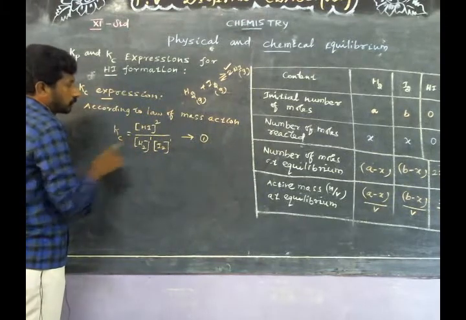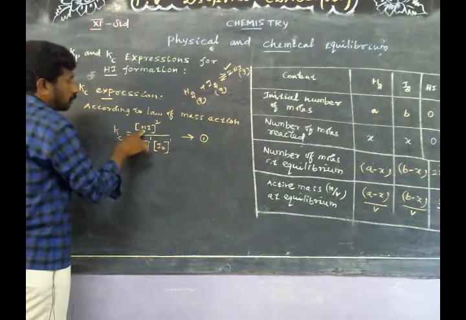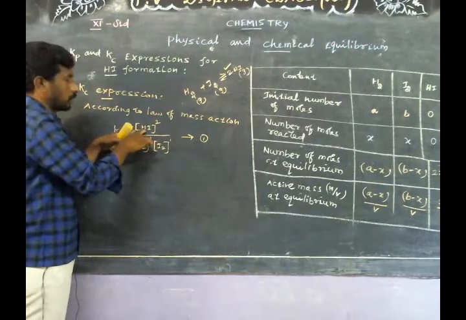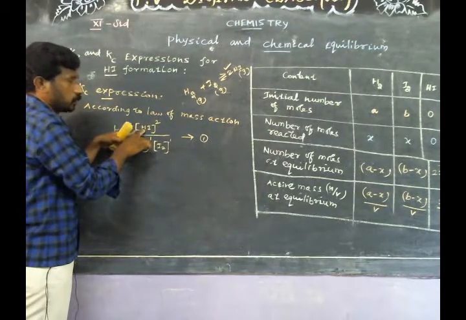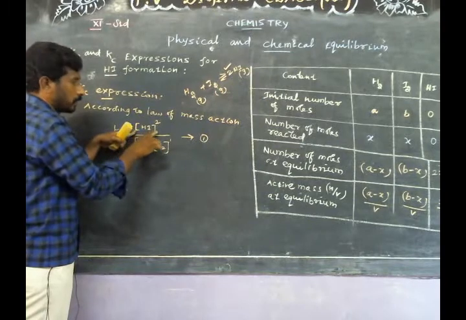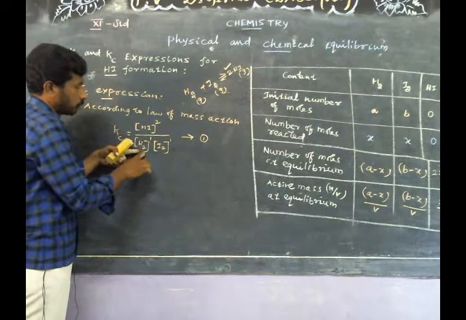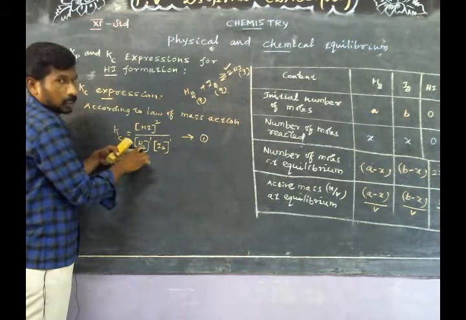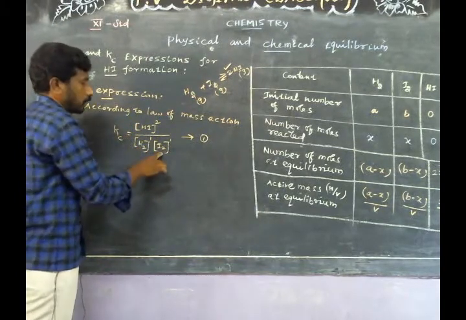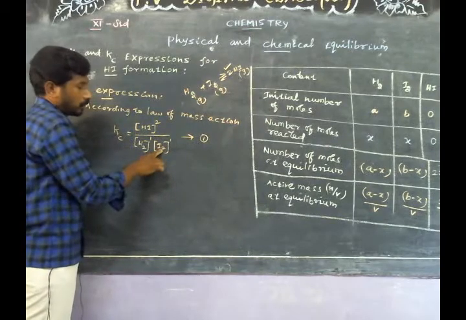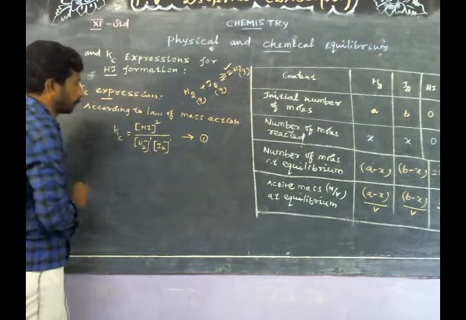In this equation, this term represents active mass of hydrogen iodide at equilibrium. This term represents active mass of hydrogen at equilibrium. This term represents active mass of iodine at equilibrium.